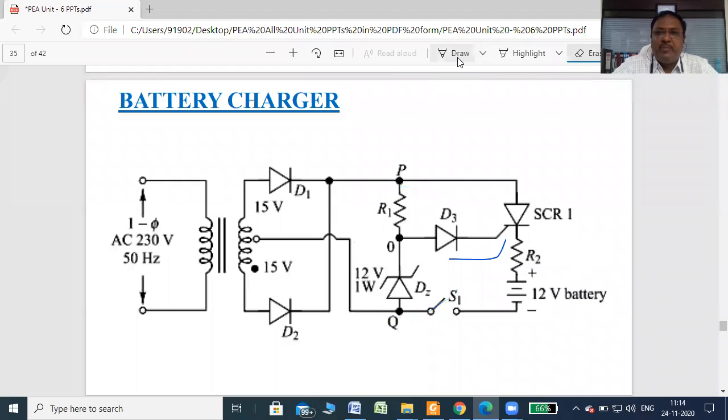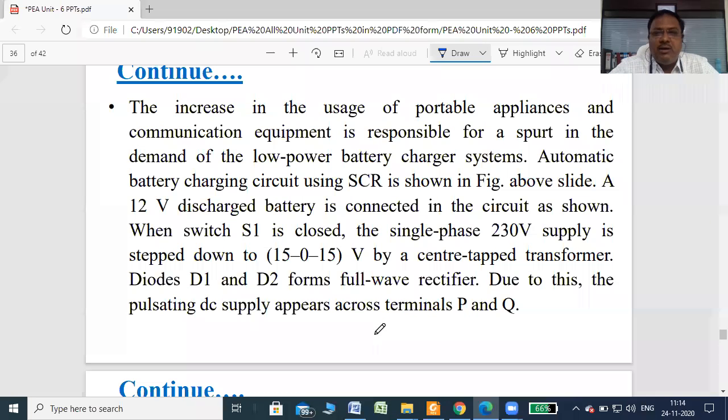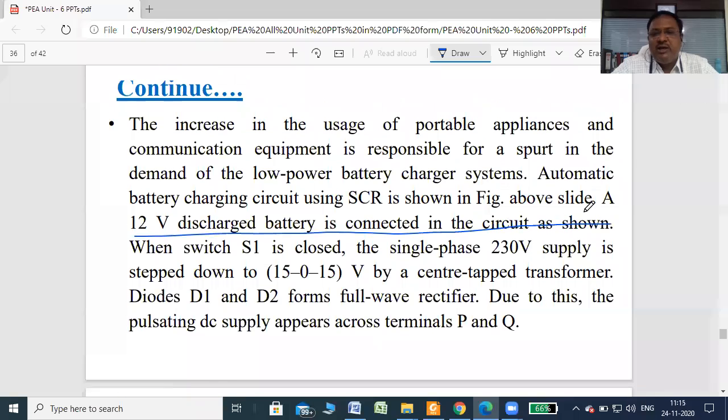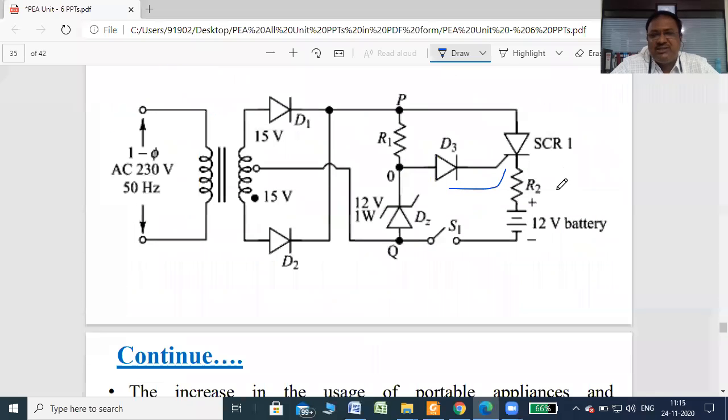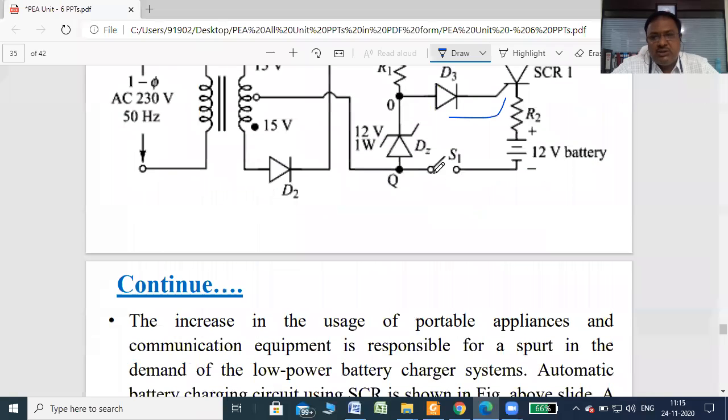So what happens exactly in this circuit? Automatic battery charger circuit using SCR is shown in the figure. A 12 volt discharged battery is connected in the circuit. When switch S1 is closed, the circuit is completed, right?